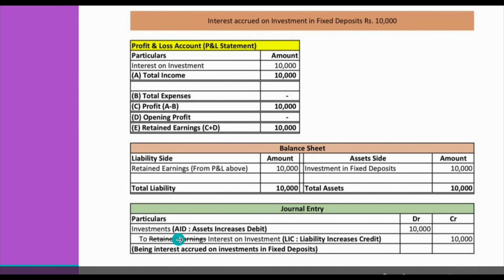However, whenever retained earning is affected in any transaction, you do not write the word retained earning in the journal entry. Rather, you write the transaction which is affecting this retained earning, that is interest on investment. So LIC, liability increases credit, rupees 10,000. Being interest accrued on investments in fixed deposits.